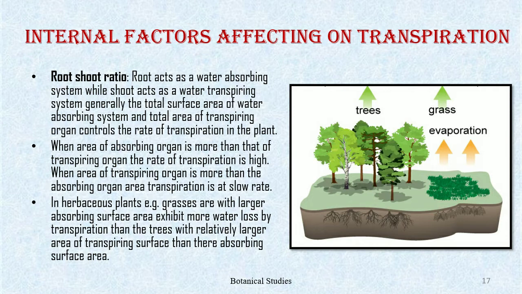When the area of the transpiring organ is more than the absorbing organ area, transpiration is at a slow rate. Herbaceous plants, for example grasses, with a larger absorbing surface area exhibit more water loss by transpiration than trees with a relatively larger area of transpiring surface than their absorbing surface area.